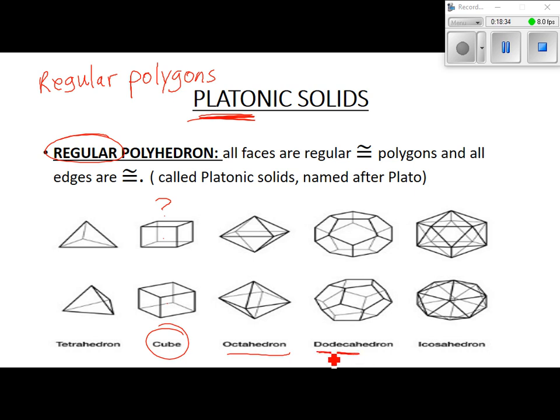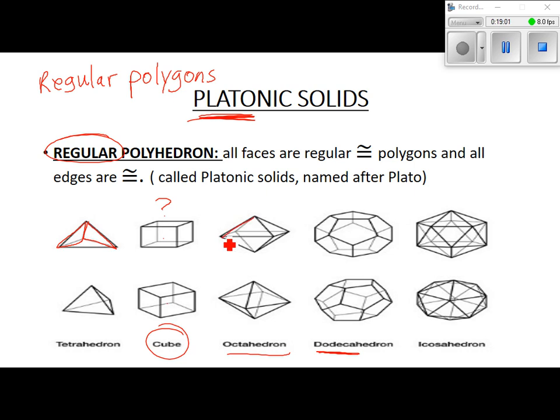That means there's 12 faces. A tetrahedron means that there's 4 faces. And if we look at those 4 faces, they're all triangles. All 4 of those triangles that make up that shape are exactly the same, or equal to each other.